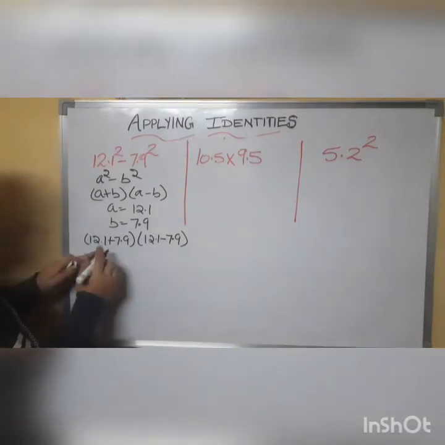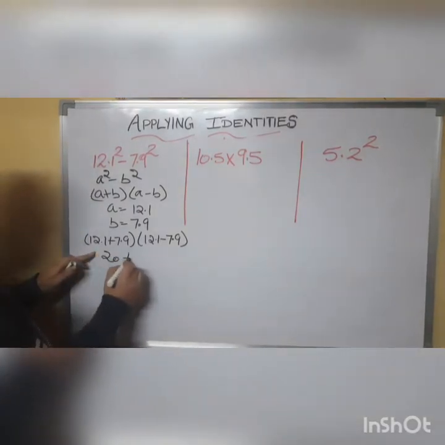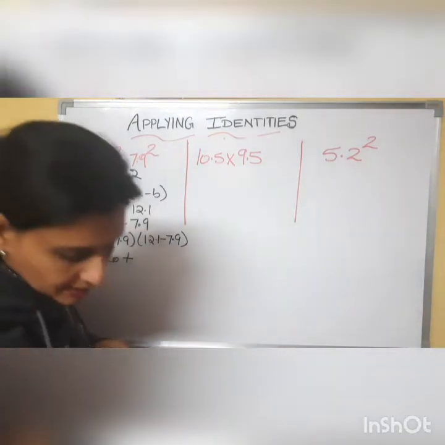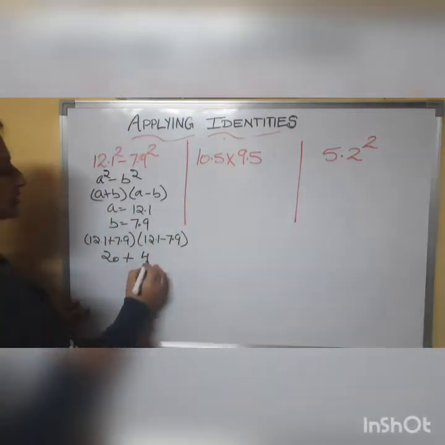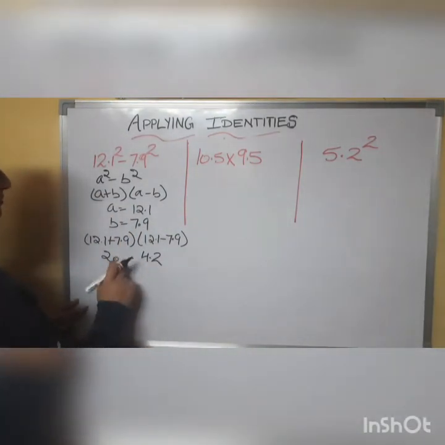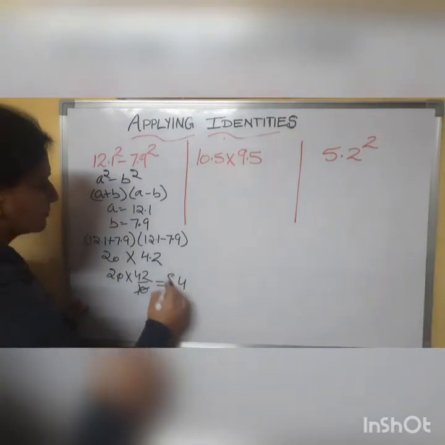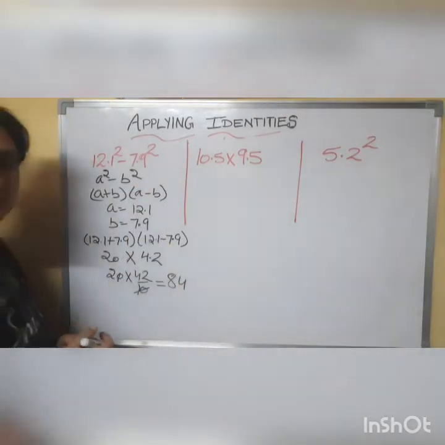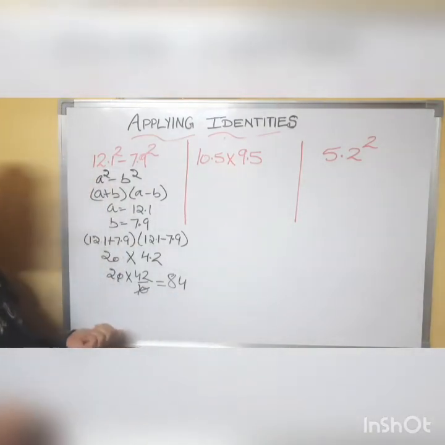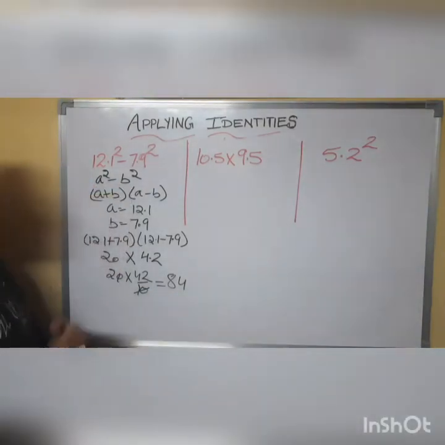When we add these two, we will get 20, and here we are going to find this is 4.2. By multiplication, 20 times 4.2.